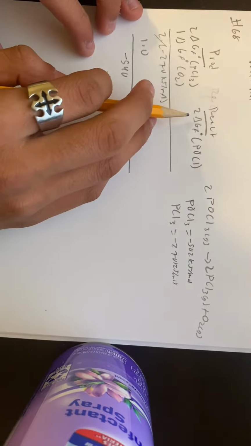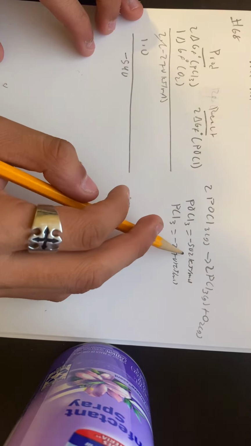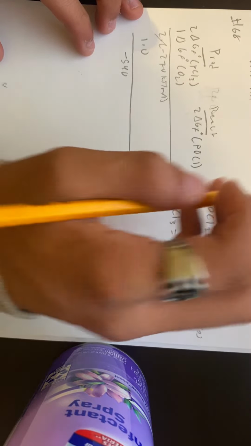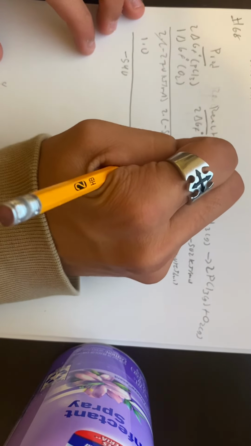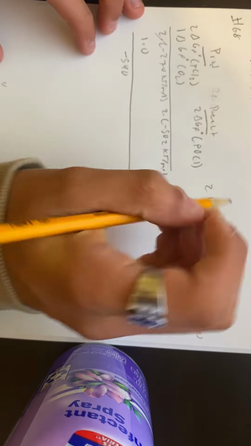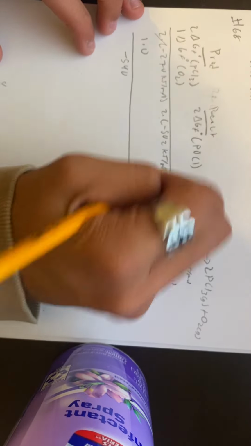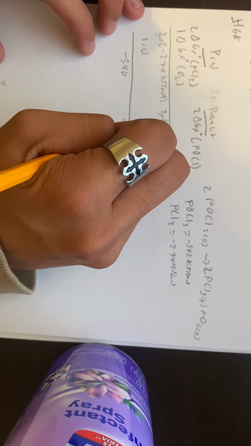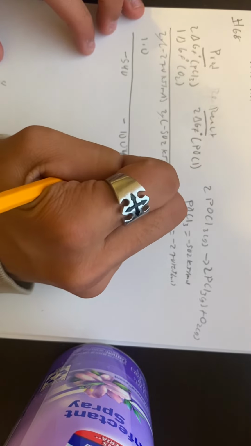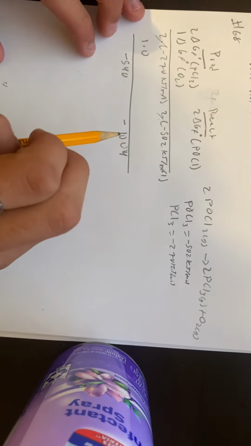Now we have 2 times the delta G f of POCl3, which we are given as negative 502 kilojoules per mole. So it will be 2 times negative 502 kilojoules per mole. Since it is 2 moles, we can cancel the moles out, giving us negative 1004 kilojoules.